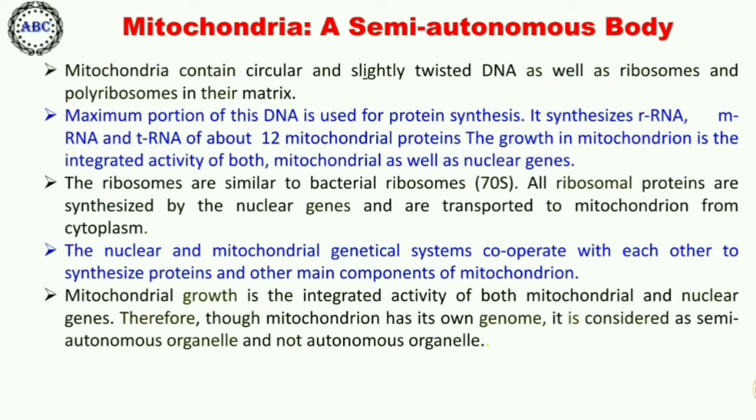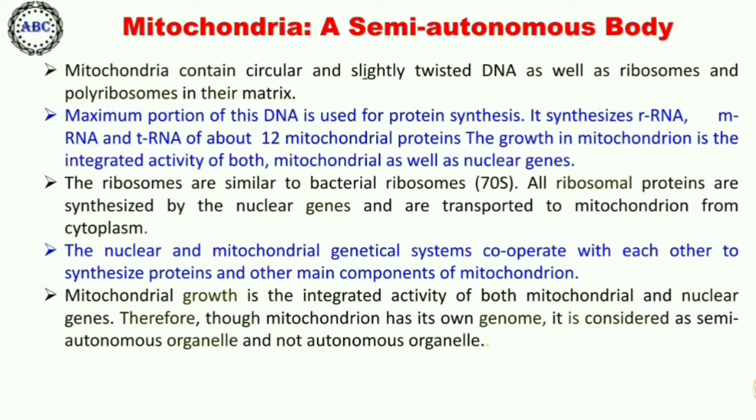Mitochondria are considered semi-autonomous bodies because they contain circular and slightly twisted DNA as well as ribosomes and polyribosomes in their matrix. The maximum portion of this DNA is used for protein synthesis. It synthesizes rRNA, mRNA and tRNA for about 10 to 12 mitochondrial proteins.